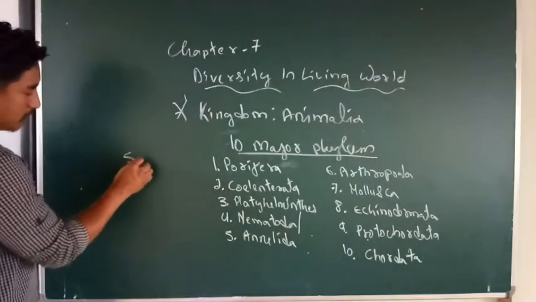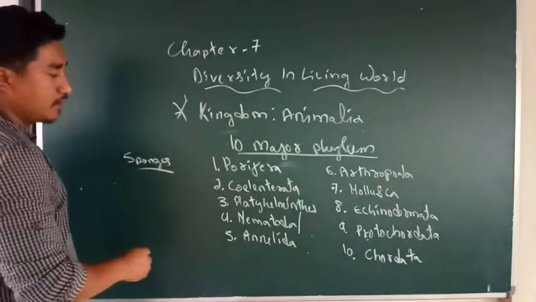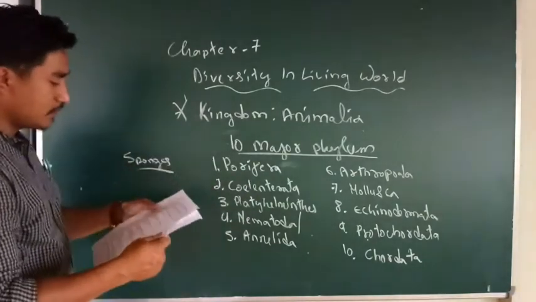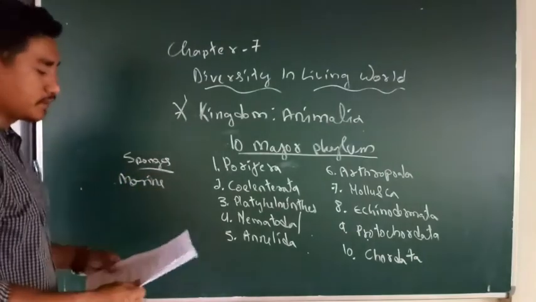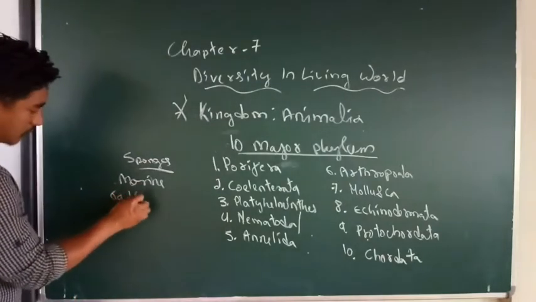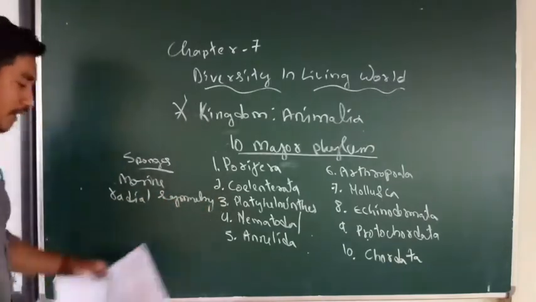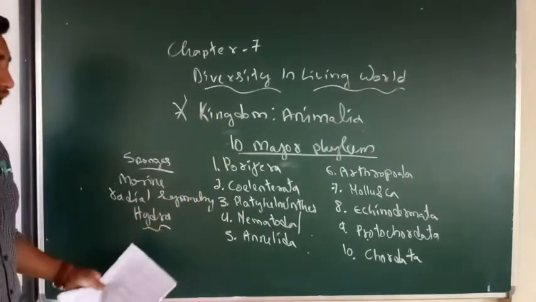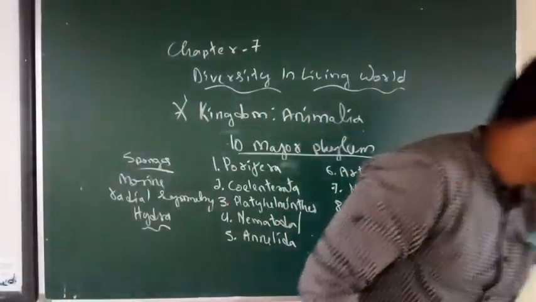Examples are sponges. Then phylum Coelenterata are mostly marine organisms, and they show radial symmetry. An example of Coelenterata is Hydra.